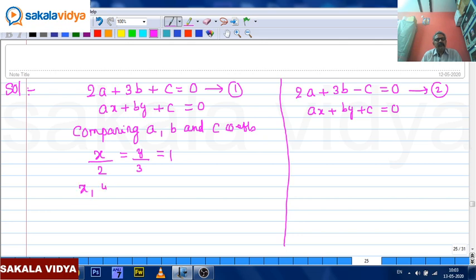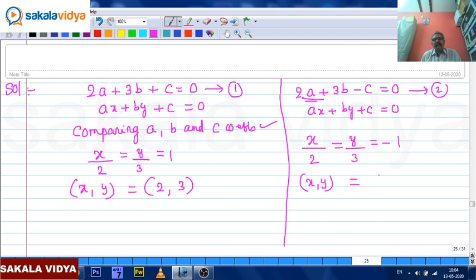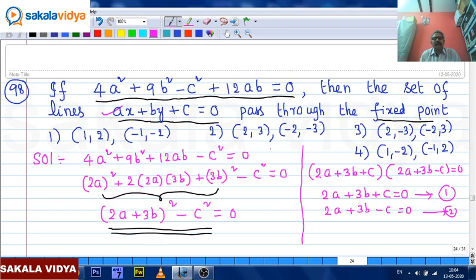That means x comma y is equal to 2 comma 3. It passes through the point 2 comma 3. With respect to the other condition, comparing the same coefficients, we have x by 2 equals y by 3 equals 1 by minus 1, x comma y equals minus 2 comma minus 3. Therefore, they pass through 2 comma 3 and minus 2 comma minus 3. Second option is the right option.